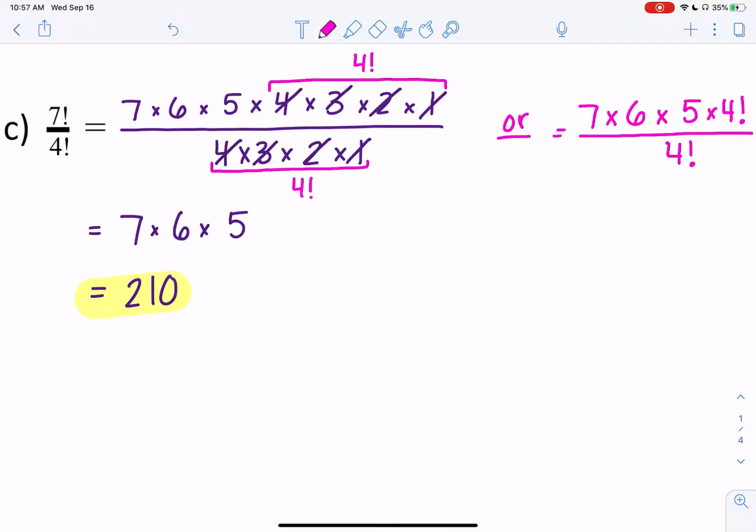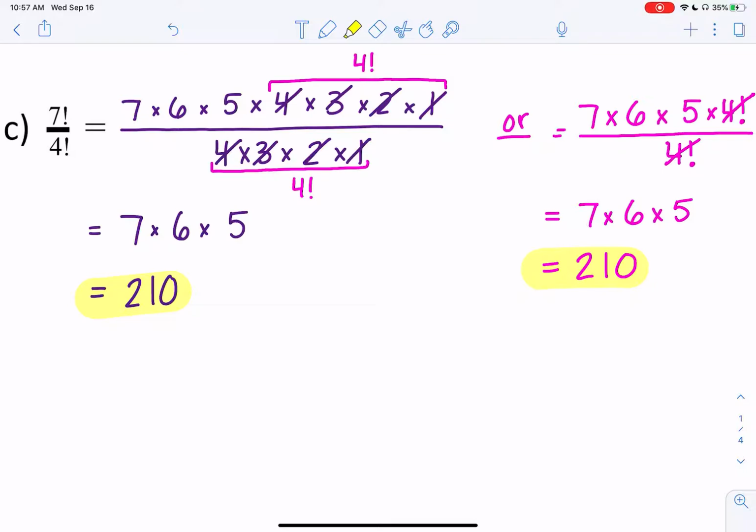And then when I went to cancel stuff, I could have canceled out that 4 factorial. And no matter what, I would have still been left with 7 times 6 times 5, which is 210. So the solution written in pink is typically the way we write this, especially when we get to really big numbers and we don't want to write them all out.